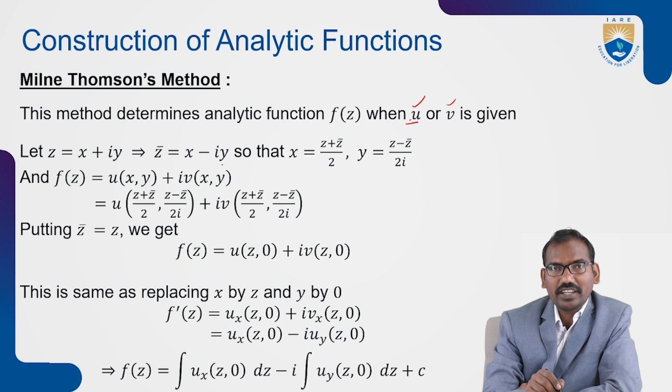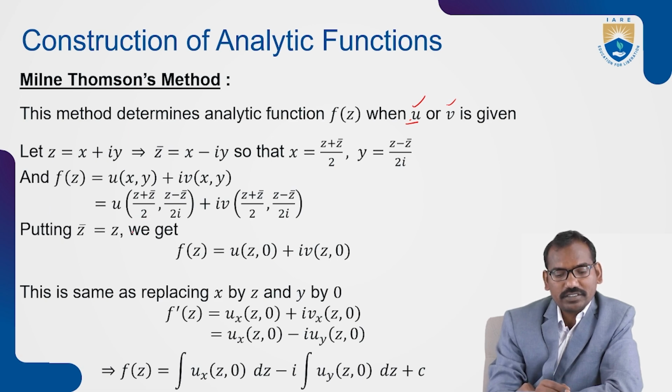Now we can write x as (z plus z conjugate) by 2 and y as (z minus z conjugate) by 2i. Now f of z has real part u and imaginary part v, and we are writing x and y in terms of z and z conjugate. Similarly, in the v function we write the same way.